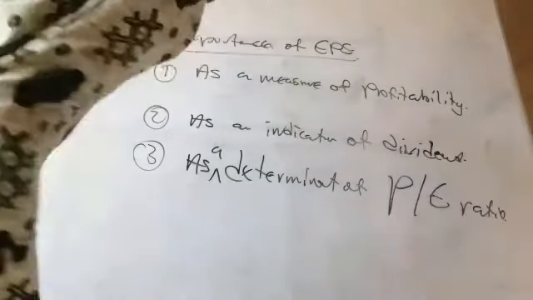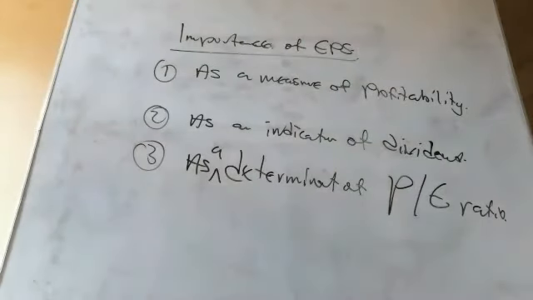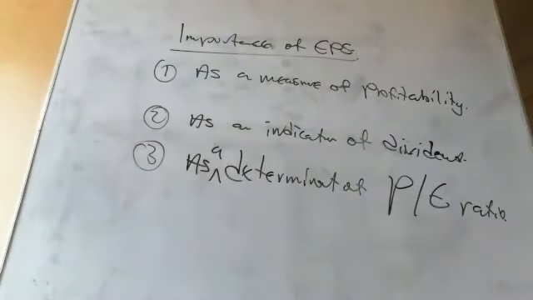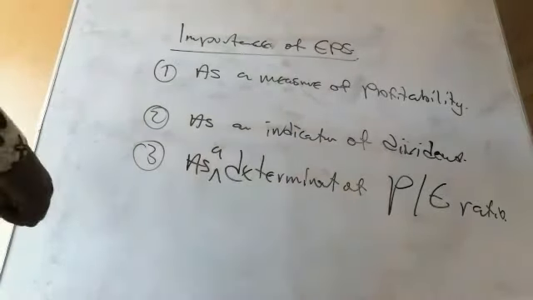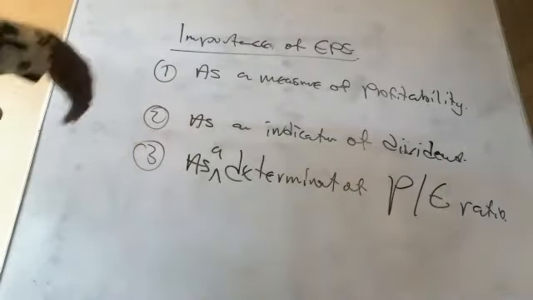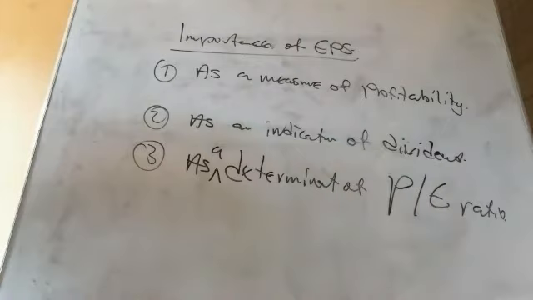Now, the PE ratio is one of the important measures when it comes to profitability and investment. The earnings per share fit into the determination of the price earnings ratio.